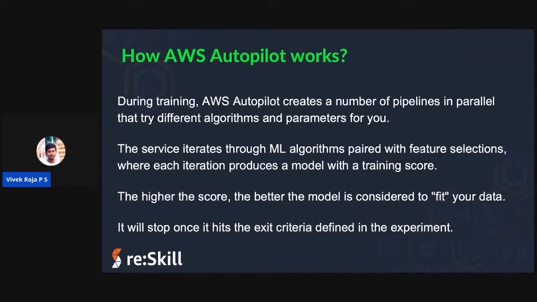The best part of using AWS SageMaker Autopilot is that it explains why your model is the best. There is always a convention that a machine learning process is more like a black box. You don't really know what is going on under the hood.